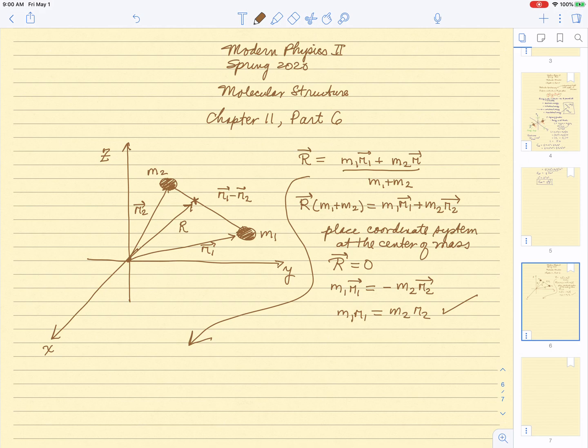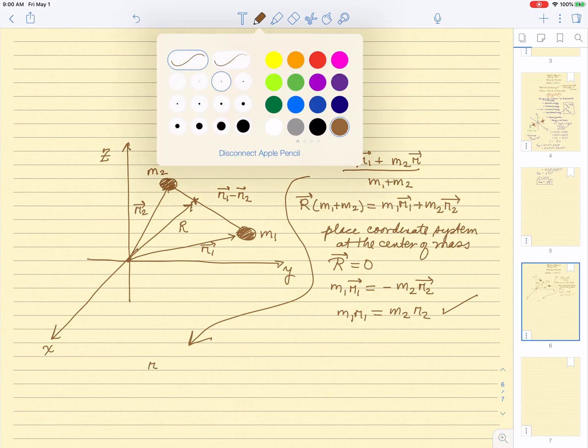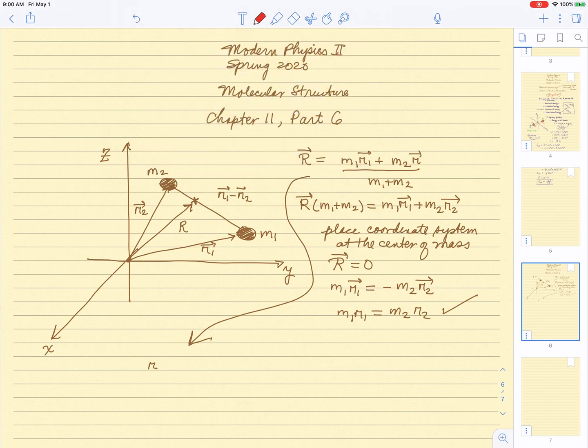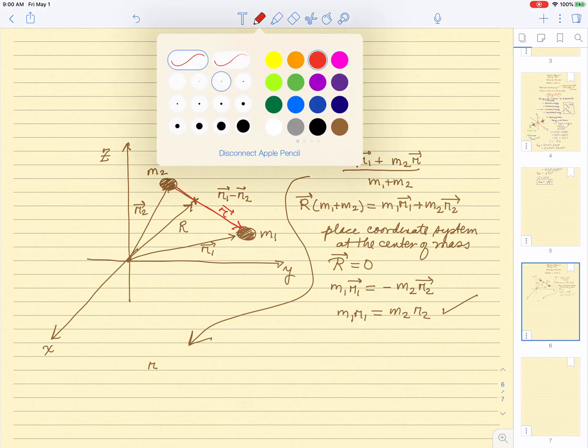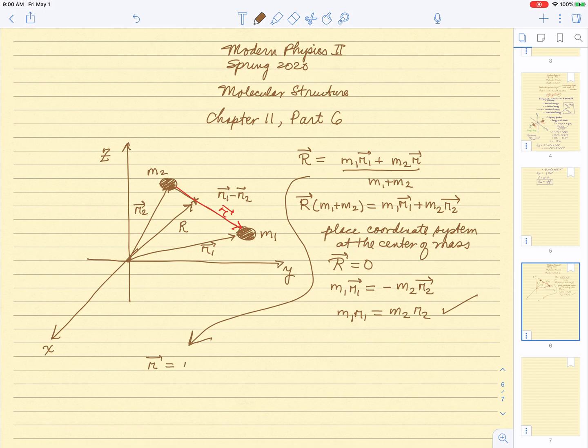Okay, so anyway, we're going to let this vector be equal to R. And so R is going to be equal to R1 minus R2, and the magnitude of R is the magnitude of R1 minus R2.